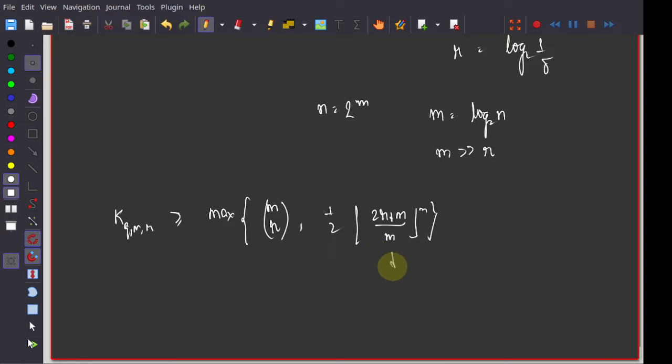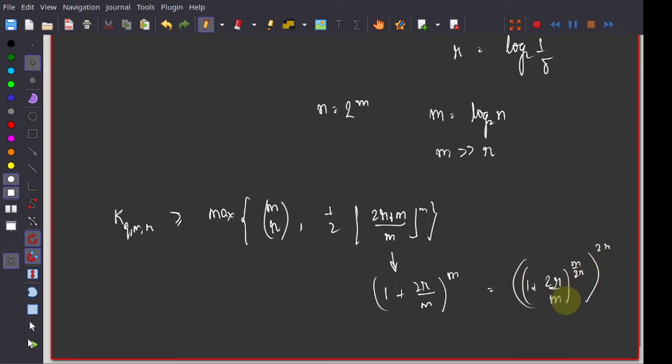So if you look at this particular term, this is roughly 1 plus 2r by m, ignoring the floor, whole raised to the m. Or this is equal to 1 plus r by m, whole raised to m by 2r, whole raised to 2r.